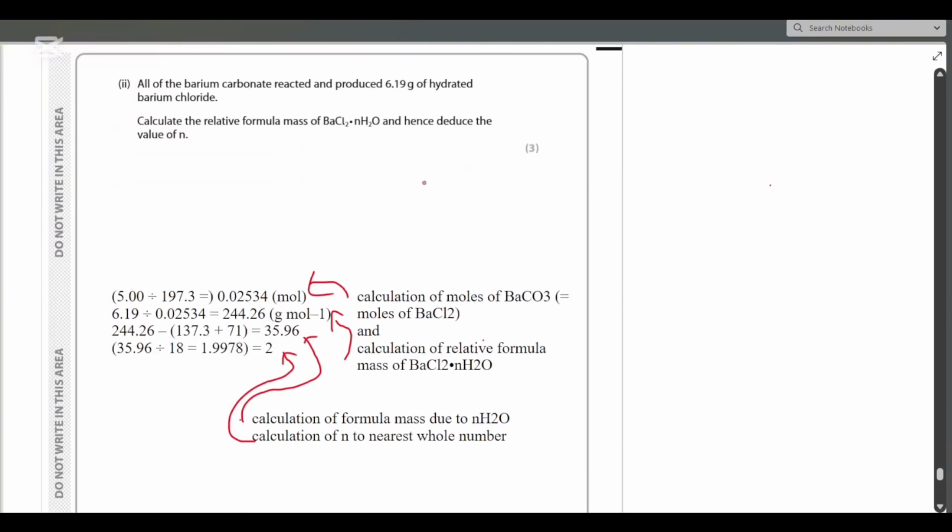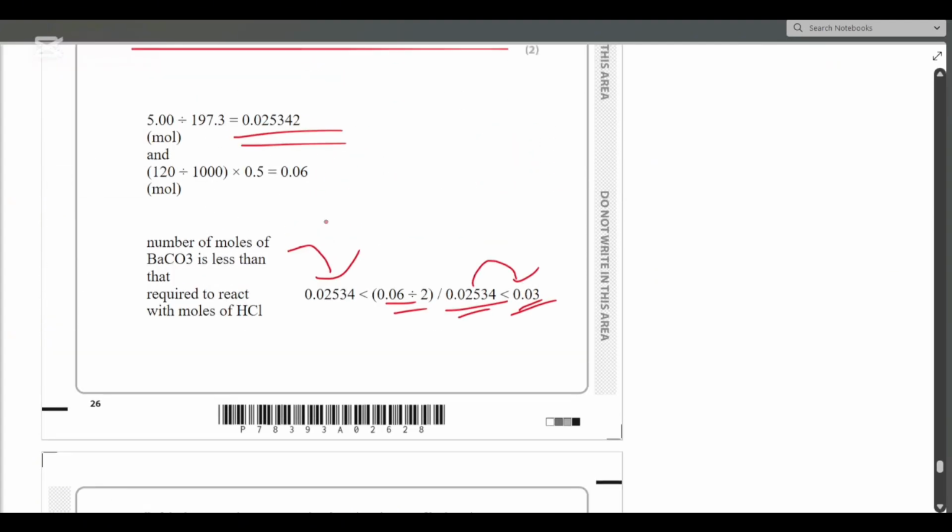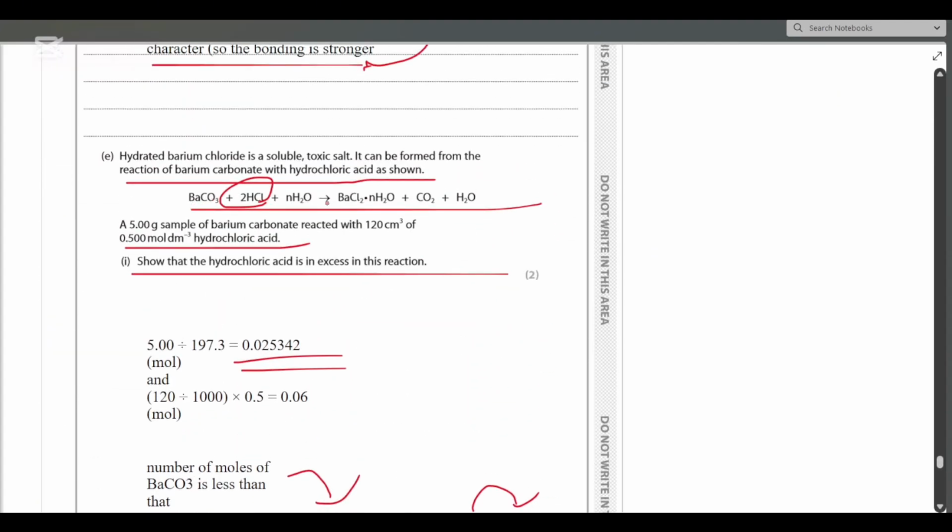The last question of section C says all of the barium carbonate reacted and produced 6.19 gram of hydrated barium chloride. They told us to calculate the relative formula mass of BaCl2.nH2O, hence deduce the value of n. Now this is pretty simple. At first we calculate the moles of barium carbonate, which is equal to the moles of barium chloride here as well, because as we can see very clearly, it is a 1:1 ratio.